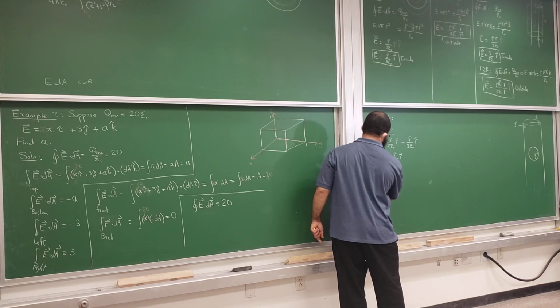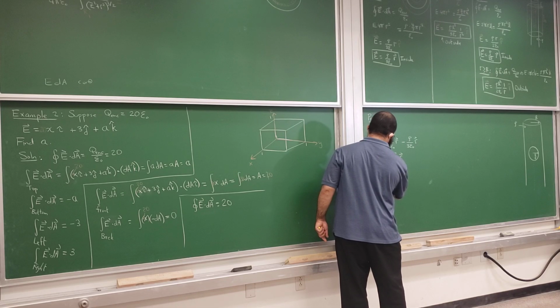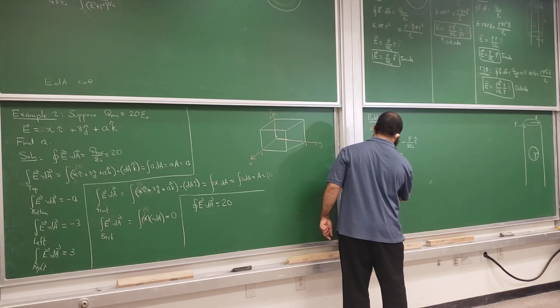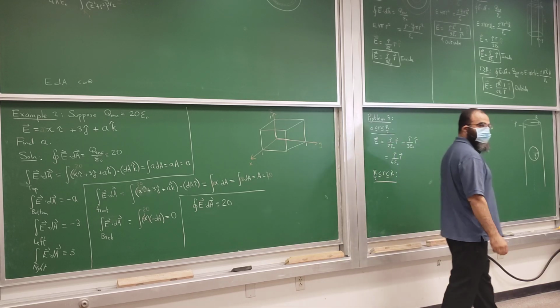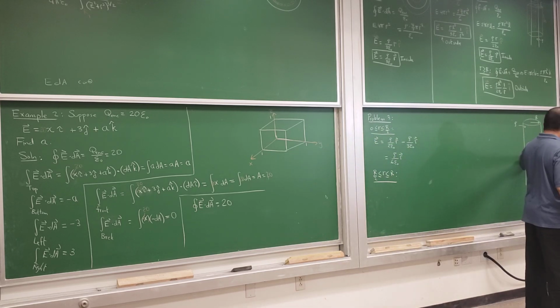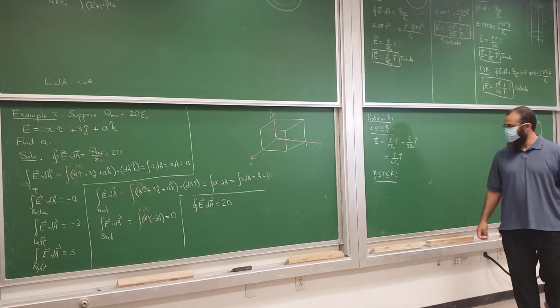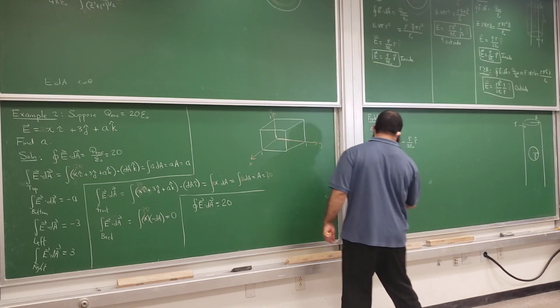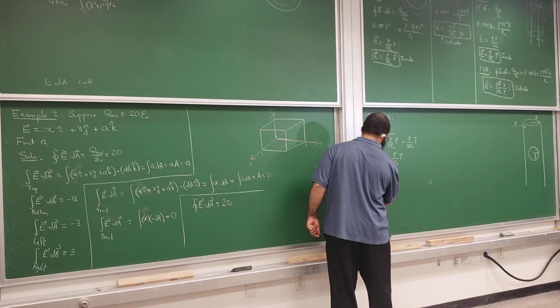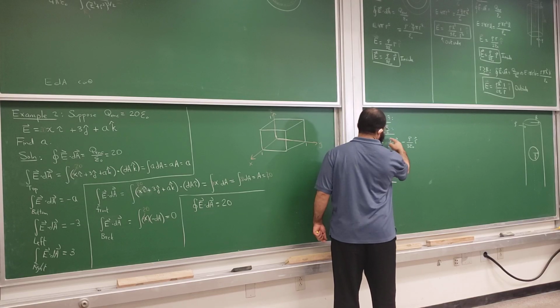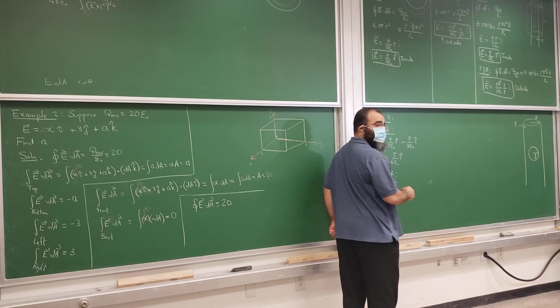How about here? So now we're outside of the sphere, but still inside the cylinder. Somewhere outside the sphere, inside the cylinder. So we get E equals. Inside the cylinder, we're still inside it, right?